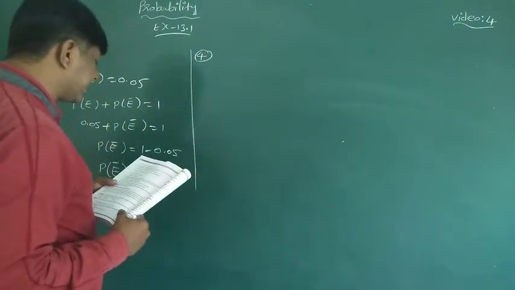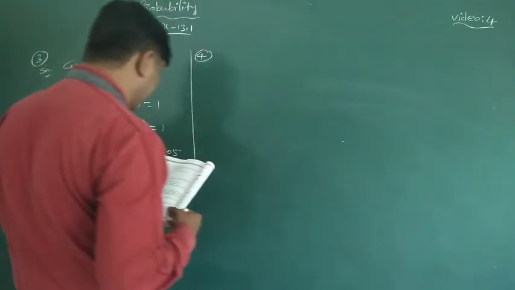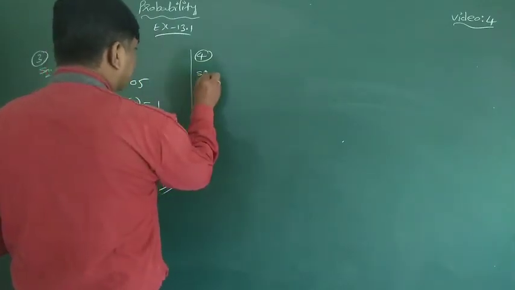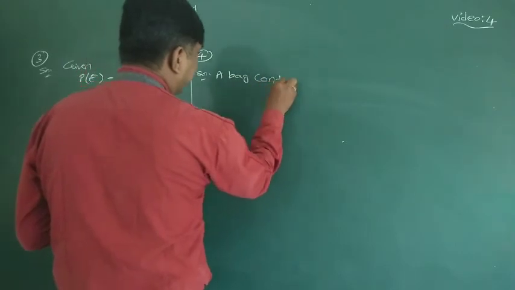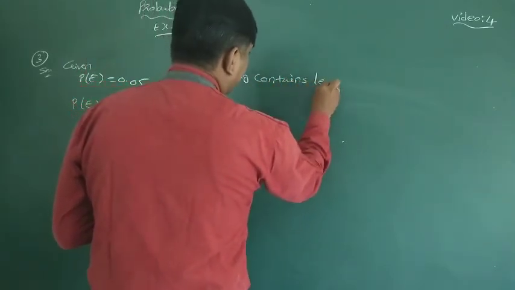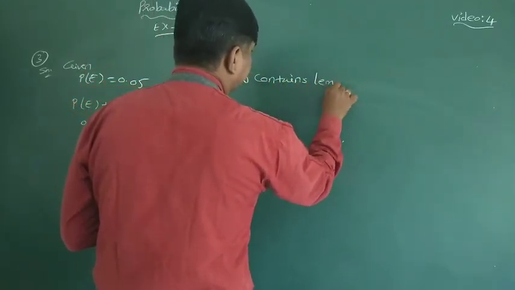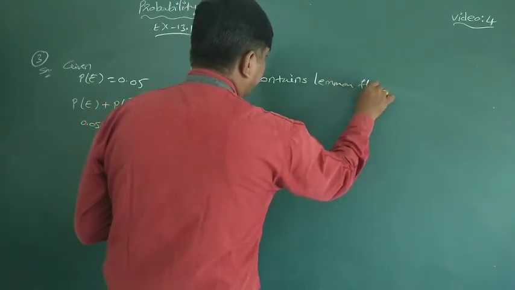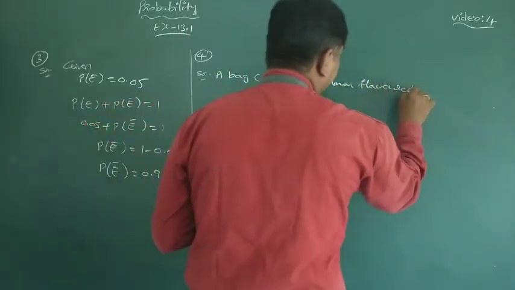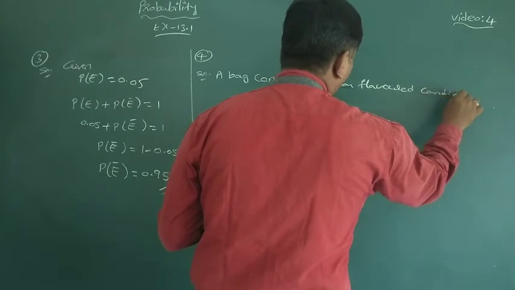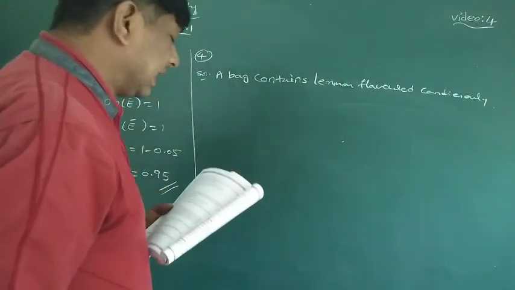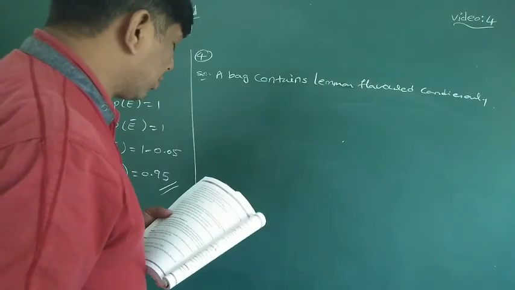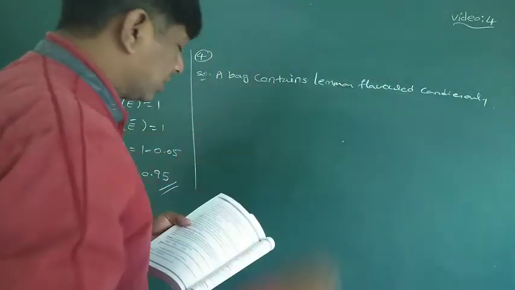A bag contains lemon flavored candies only. Malini takes out one candy without looking into the bag, which means a random experiment, no prediction.